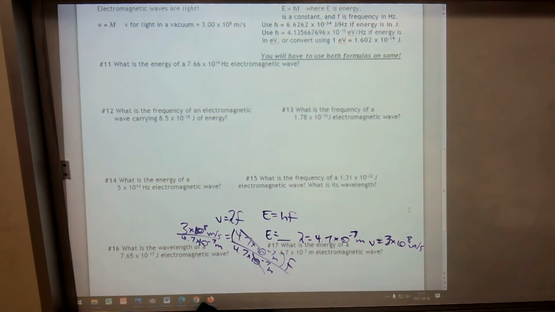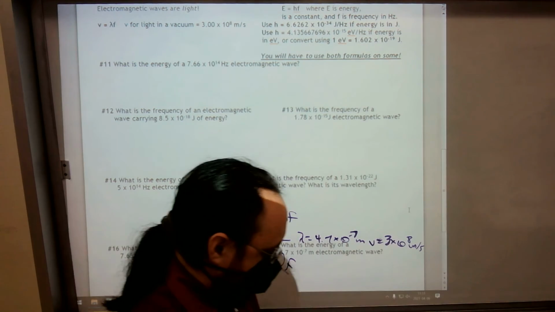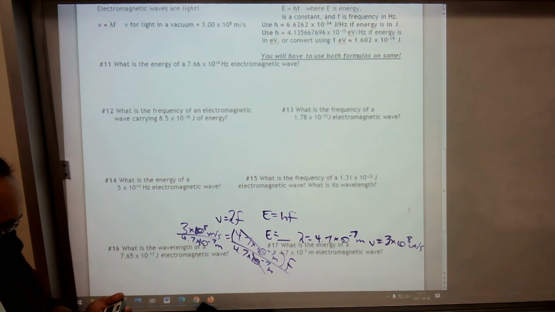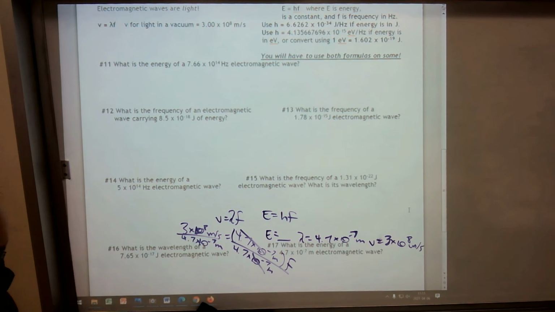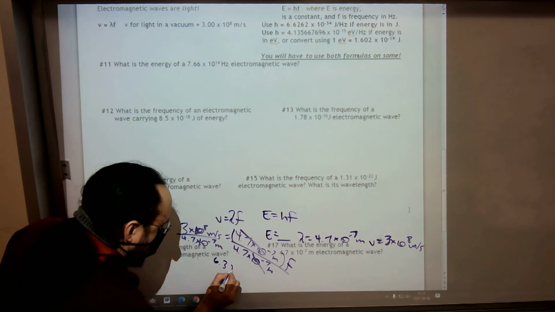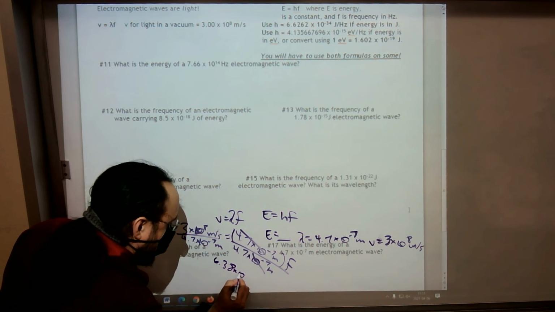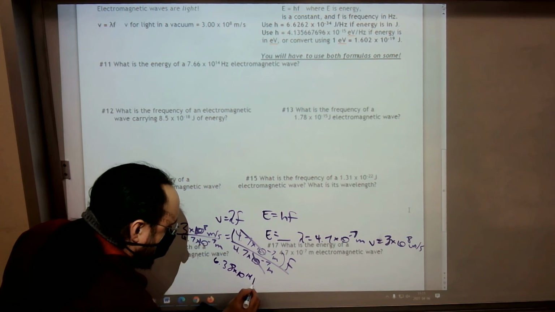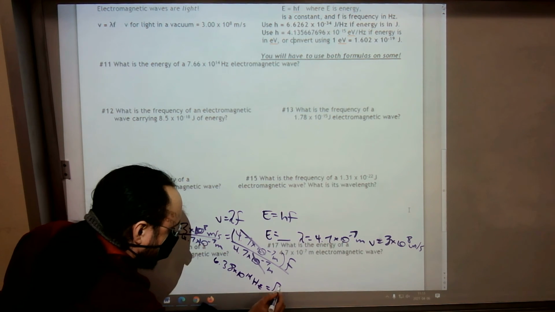And if I do that, I get 6.38 times 10 to the 14 Hertz. So that equals F.